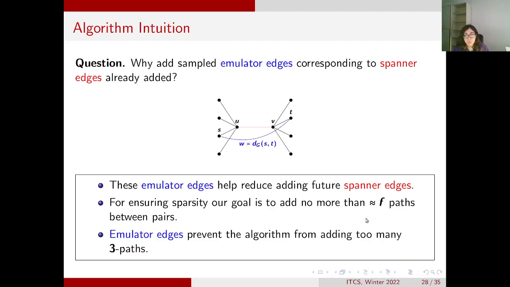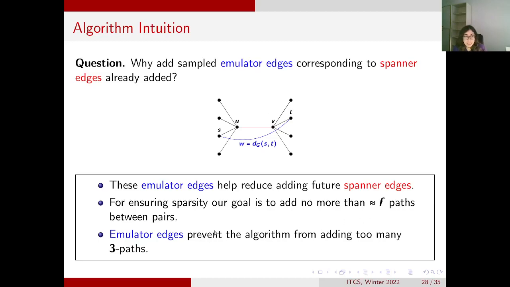And also, in the case of F fault-tolerant spanners, what we really want is to make sure that we aren't adding more than roughly F paths between any pair of nodes. If we want a sparse graph, that's what we should do. We shouldn't add more than roughly F paths between any pairs.